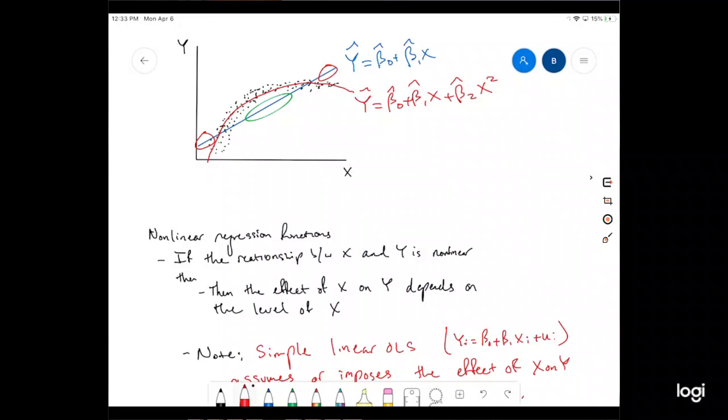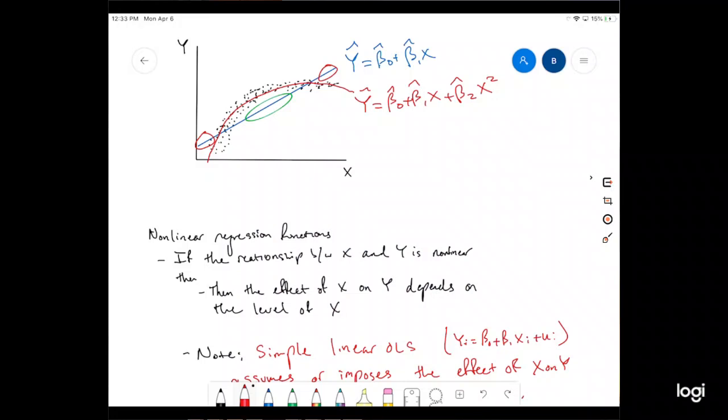And in our example, we had the effect of education on wages, that the effect of education on wages depended on the level of experience that a person had, and also depended on a person's gender. So we were interacting experience with education, or interacting gender with education. In this case, we're going to interact the variable with itself. We're going to interact x with itself, or we're going to transform x in some way, or y in some way, that allows this model to have some curvature to it.